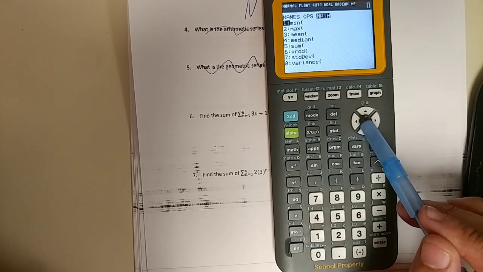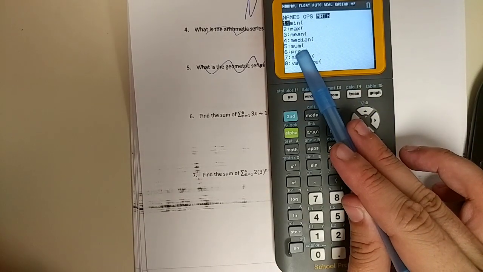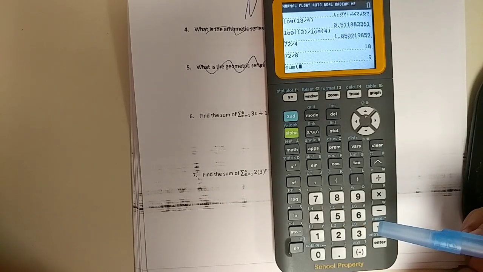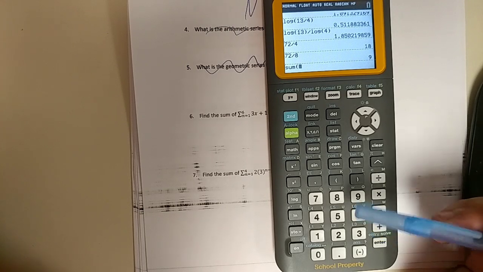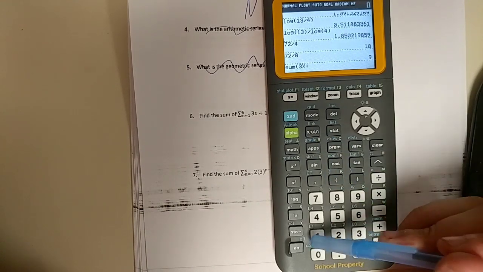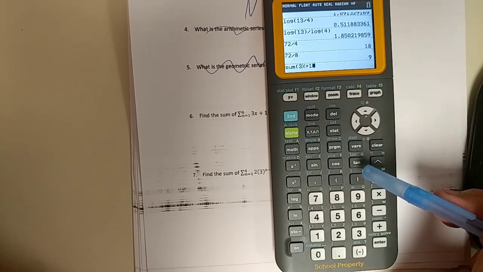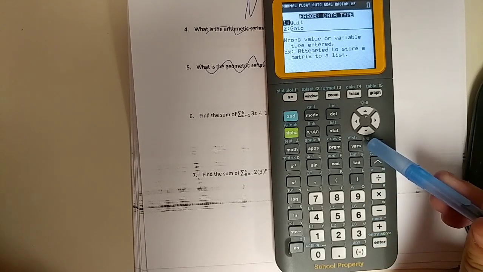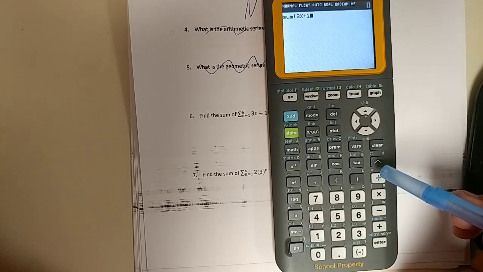And you're going to go down, and you see how it has option 5? It says sum. And what are we looking for? The sum.